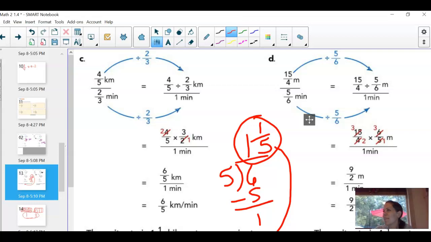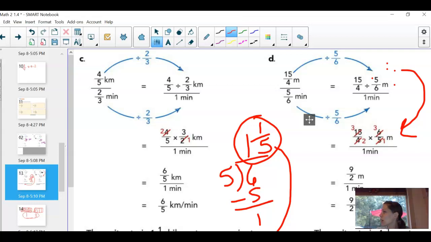Now same thing, I'm dividing by 5/6, which will always, when I divide a number by itself, I always end up with 1. I take this and I go here. Notice I'm writing step by step. I'm going to do times 6/5 because the opposite of division is multiplication, and then I'm doing the reciprocal. I look for cross canceling.